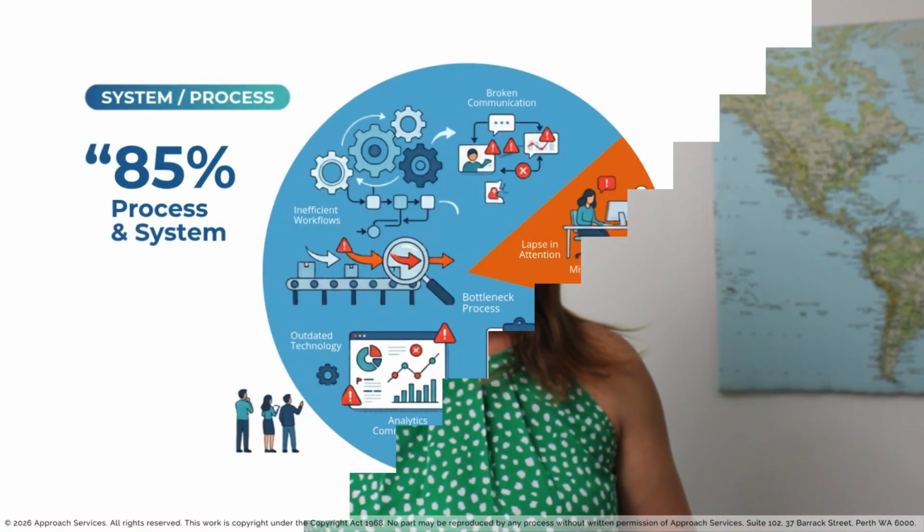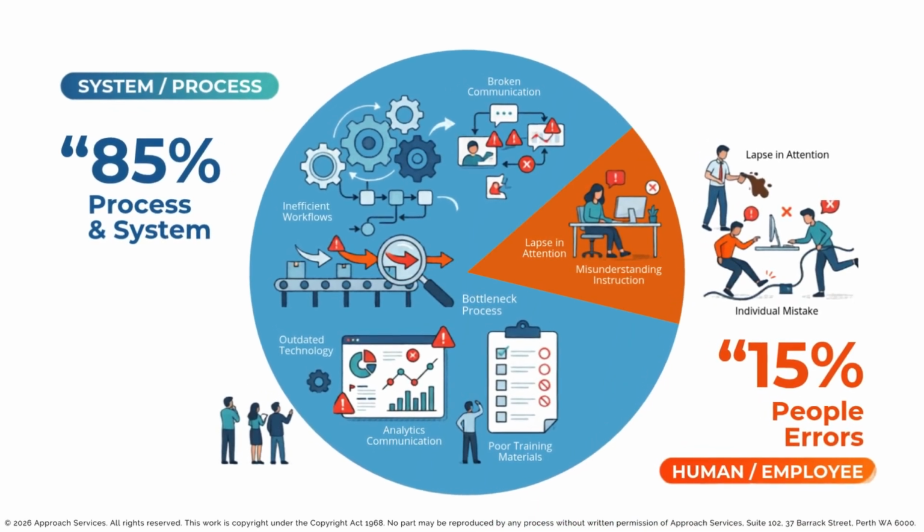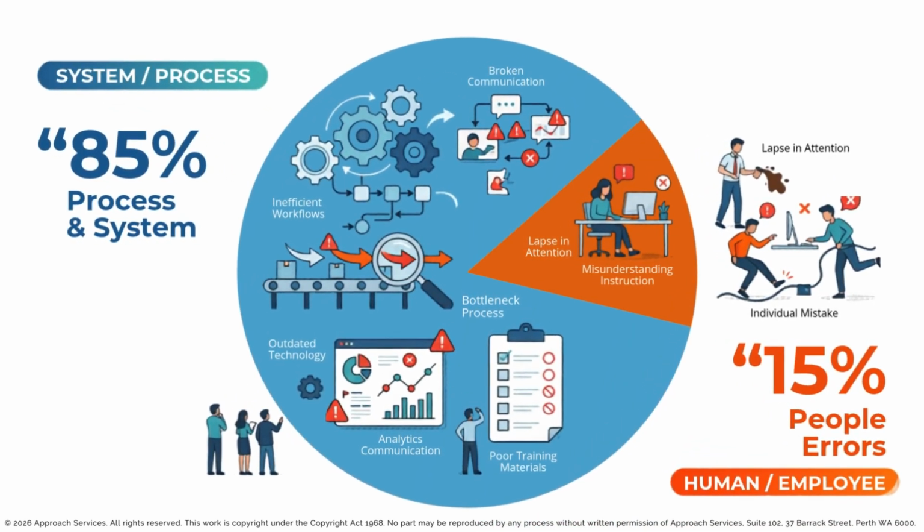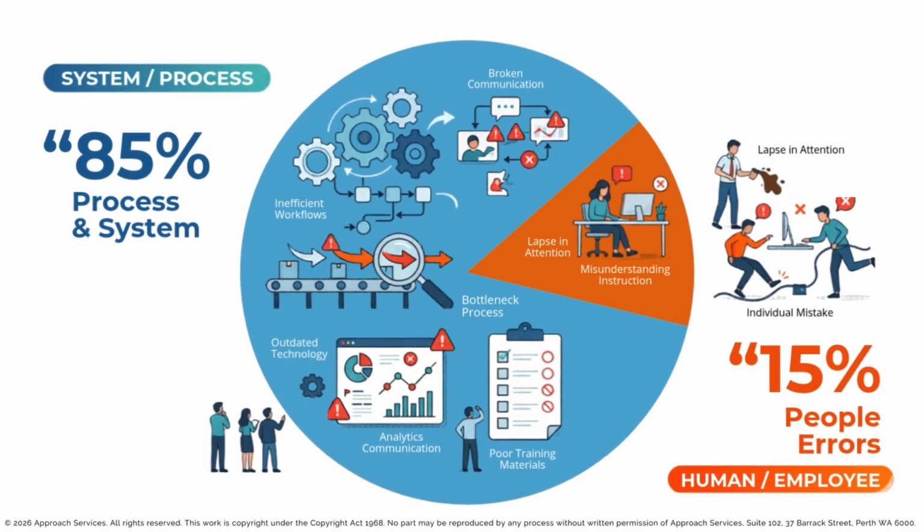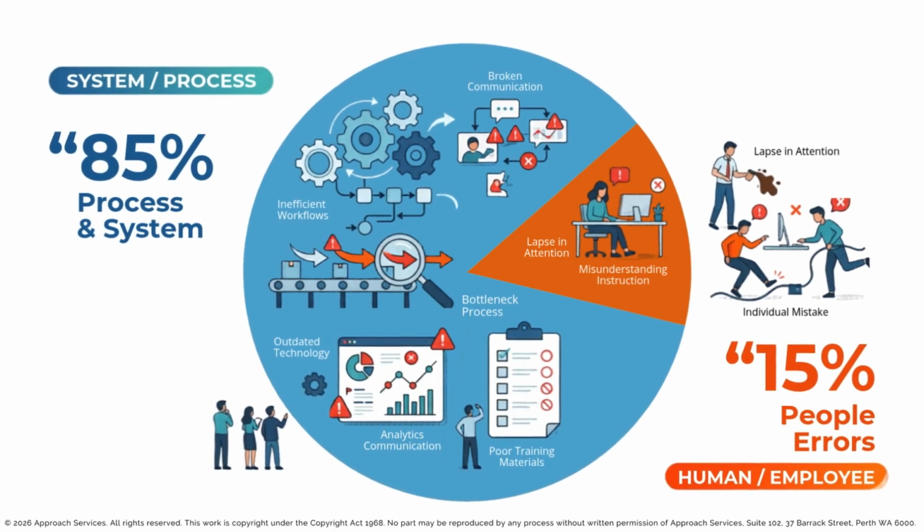There's a saying that 85% of the waste, errors and faults that happen within organizations are actually rooted within the processes. So if we look at how things are done, we are able to identify the root cause of the issues within our processes. And only 15% are rooted in the actual people doing those processes.